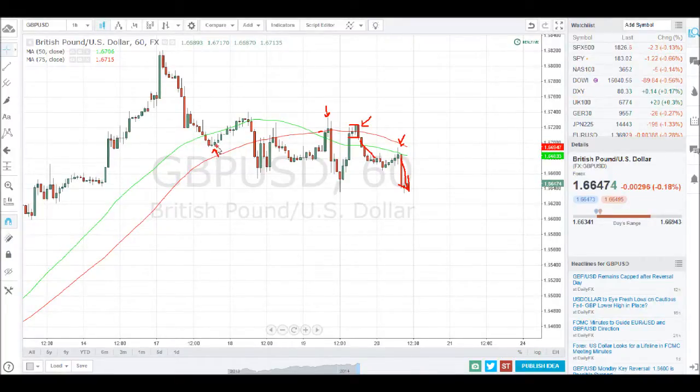We have an engulfing candle or morning star. The green moving average is above the red, so we're looking to place calls. We're in between the two moving averages, and price goes on the upside. We also have a pin bar here, a bullish pin bar, and once again price goes on the upside.